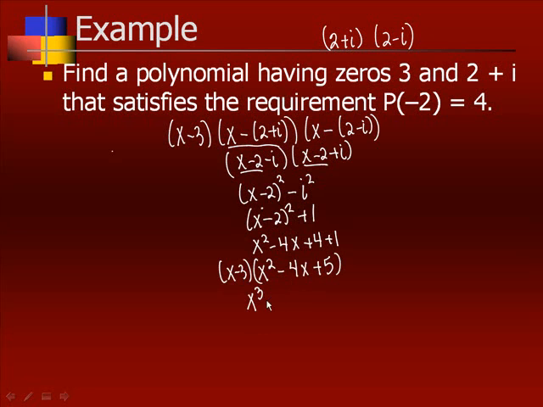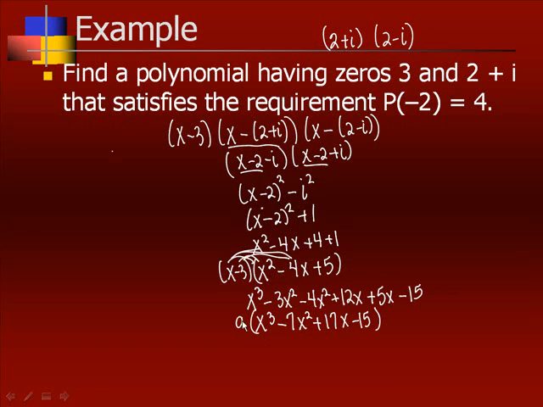So we get x to the third minus 3x squared minus 4x squared plus 12x plus 5x minus 15. And so we would get x to the third minus 7x squared plus 17x minus 15.